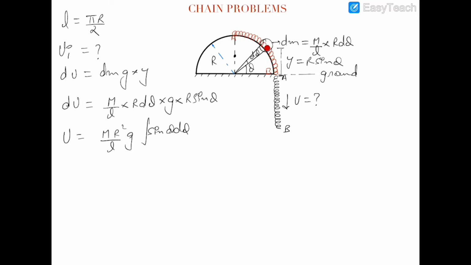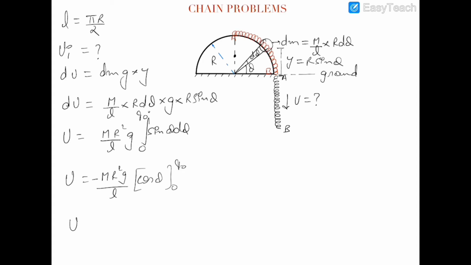The first element of this chain would be at the position of B, and theta at this position is 0, and the last element of this chain would be at the position of A, where theta is 90 degrees. So it is 0 to 90 degrees. So U will be equal to m r square g by L. Now the integration of sin theta is minus cos theta, with limits from 0 to 90.